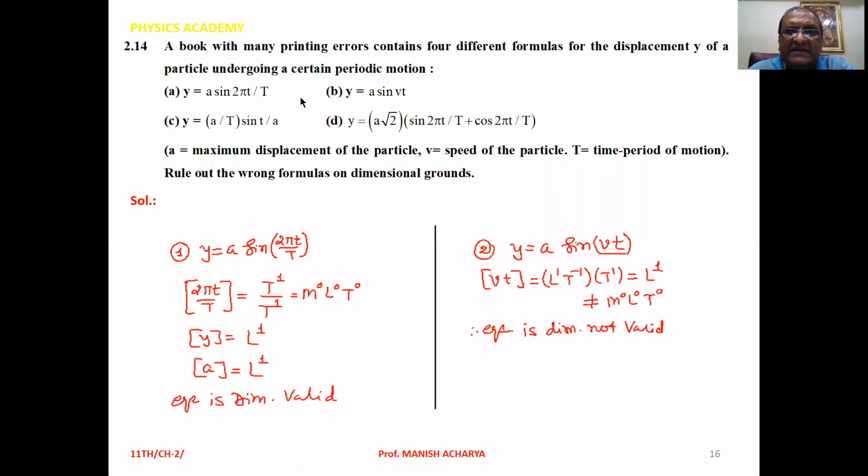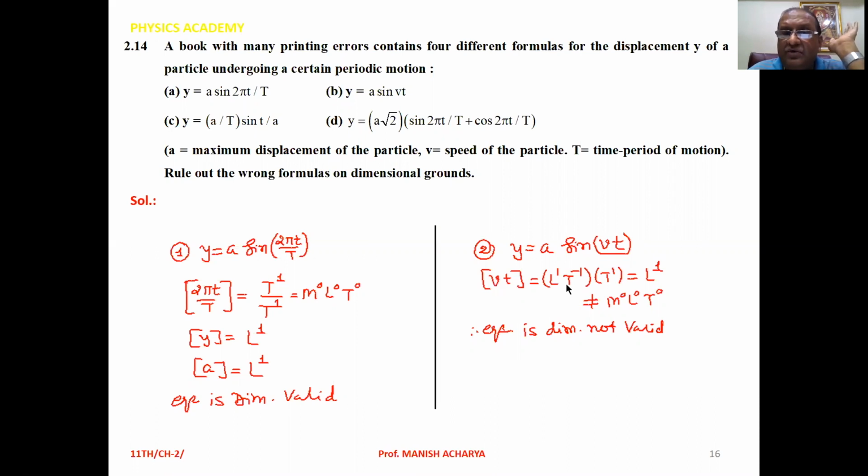Now, second equation: y equal to a sin vt. As we discussed, for the function sin vt, the dimensions of vt should be M^0 L^0 T^0. So first of all we have to check it.